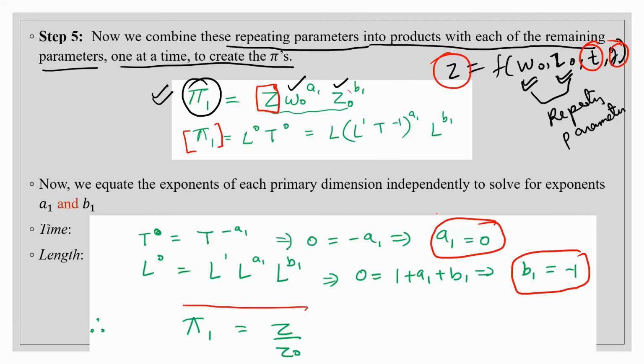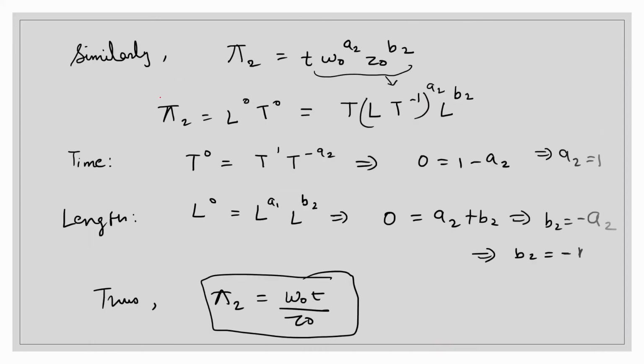Then when you find a1 and b1, you put this in equation star, and you will find out pi1 as z upon z naught.